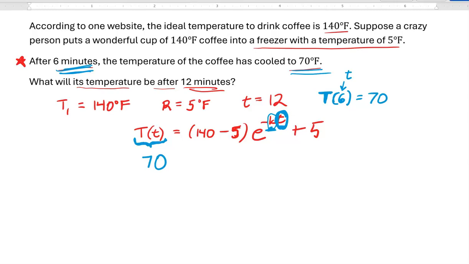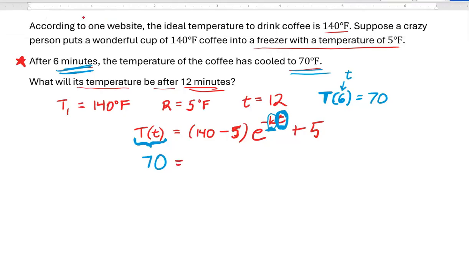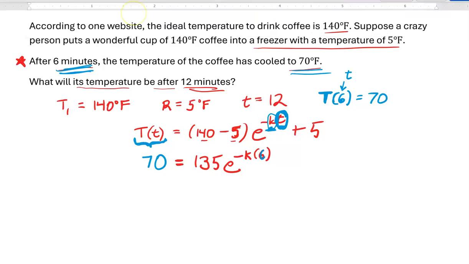So it's going to look something like this to start with. 70 equals 140 minus 5, well, that's 135 times e to the negative k times, now I'm going to put 6 because it's at 6 minutes. 6 minute time is when the temperature is 70.